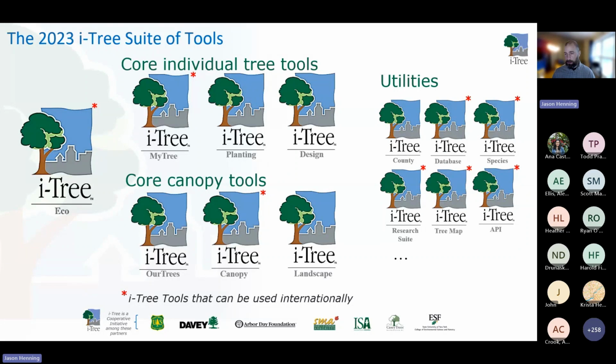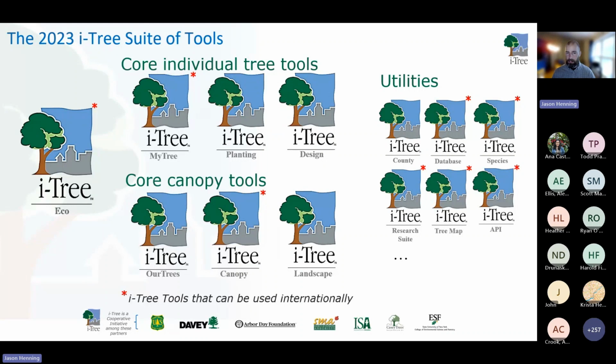One of our teammates here, Jay Hepler, works a lot on the research suite, and that has tools that we're working on developing. We have a tool called Cool Air to help estimate tree benefits related to heat and temperature. We have a tool called iTree Hydro that gets more into the hydrology. We're not going to talk a lot about those utilities because they get pretty specialized and they appeal to a pretty small audience.